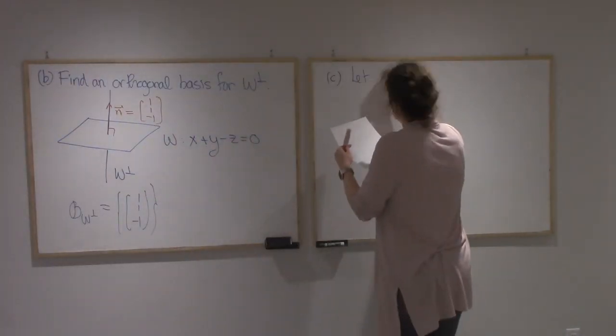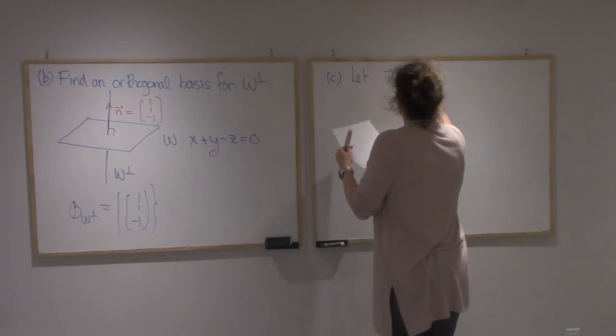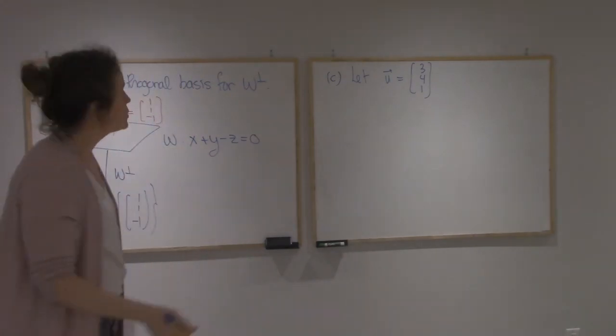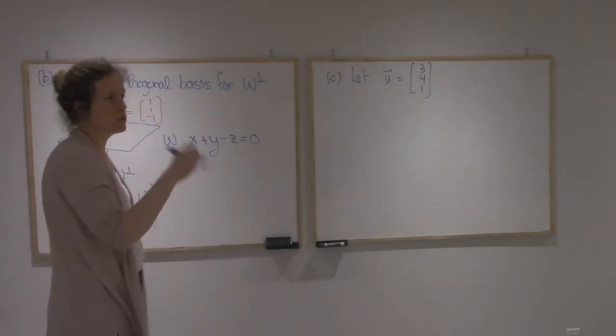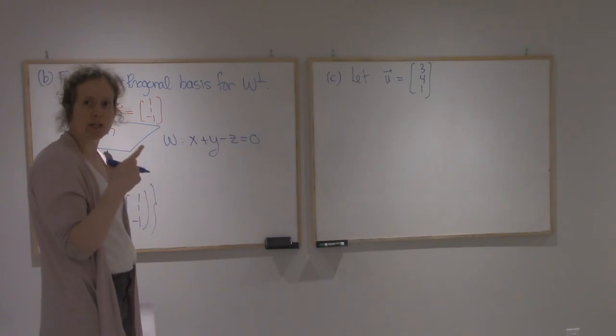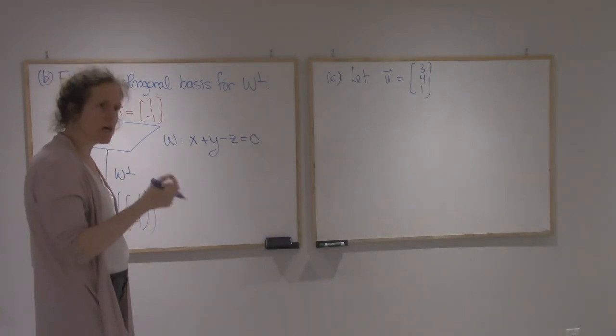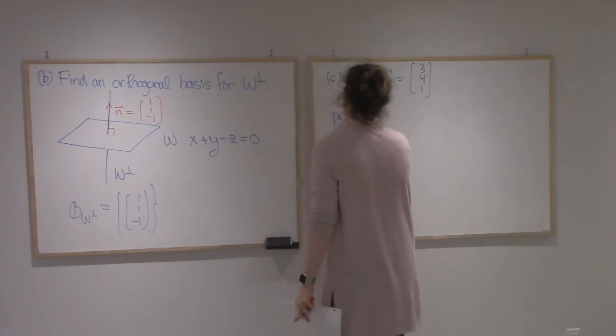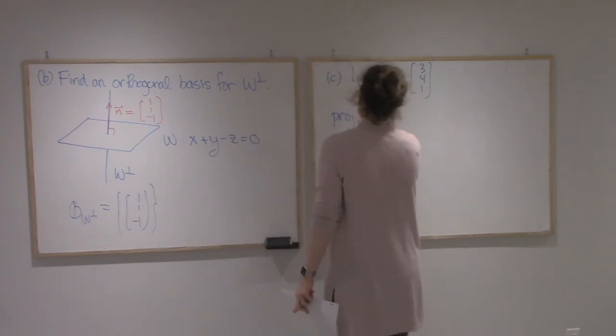We had U, which was 3, 4, 1. And I want to find the projection onto W of U, and the projection onto W perp. And then I'm going to check that it works. Their sum should give you U back. So projection onto W.